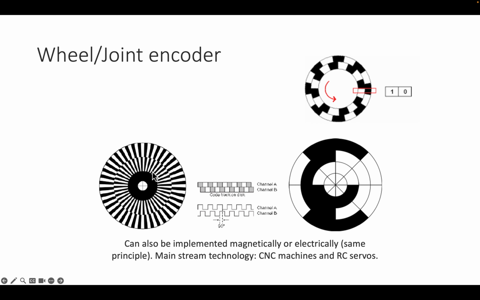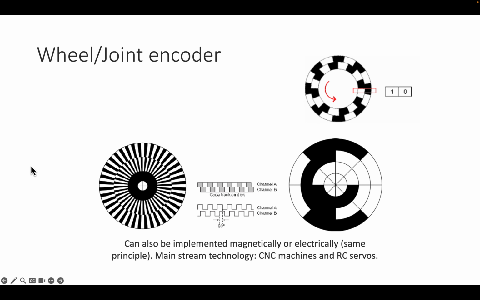Then I have a little sensor that can measure as black and white passes along the sensor, and from that I can count the number of ticks that the motor has been turning.